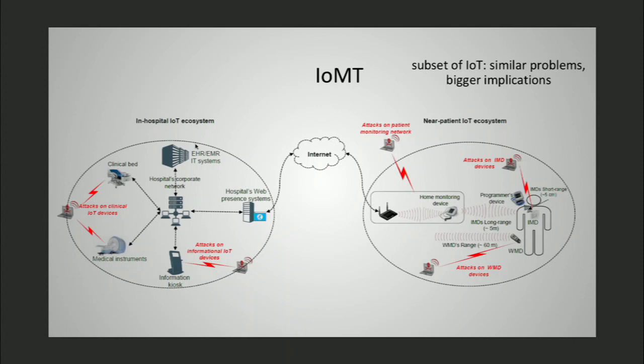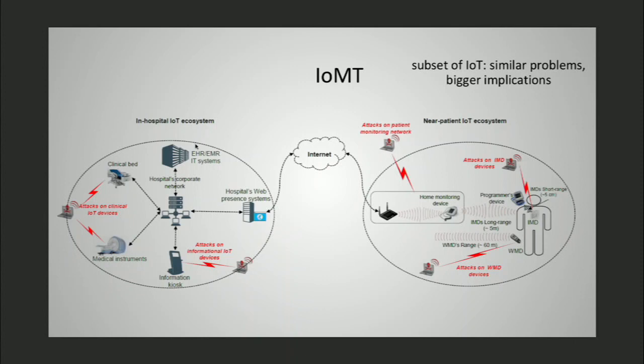But of course, there are a lot of attack vectors depending on how the home monitoring device connects to the network, if it does this over 4G, or over a landline, or by connecting to your home router using Wi-Fi.